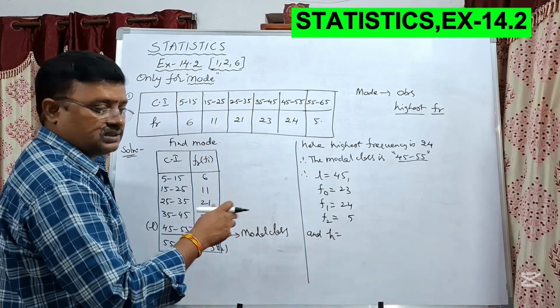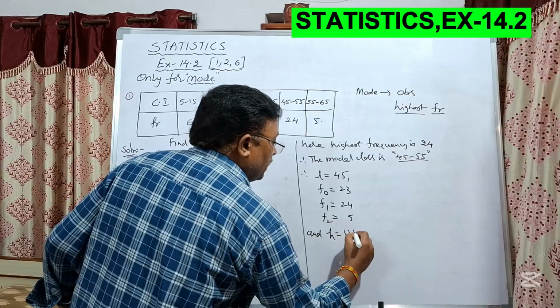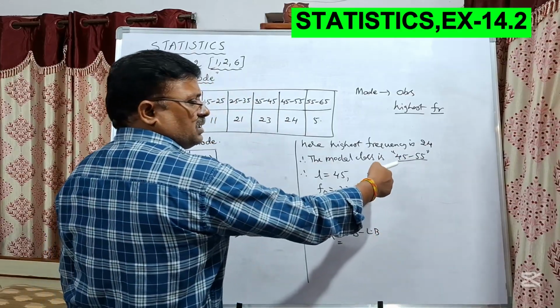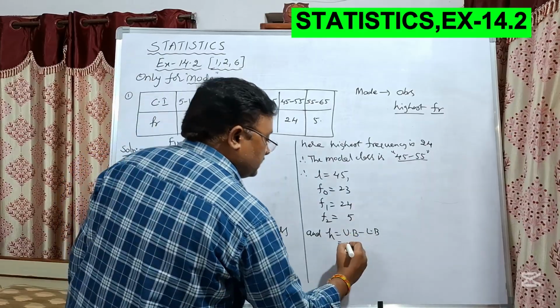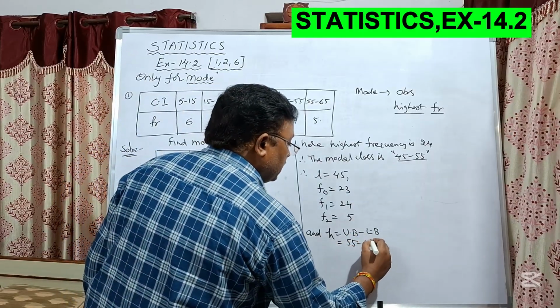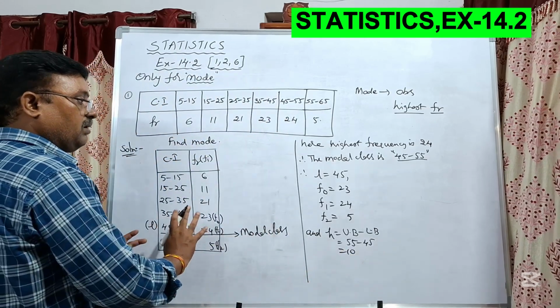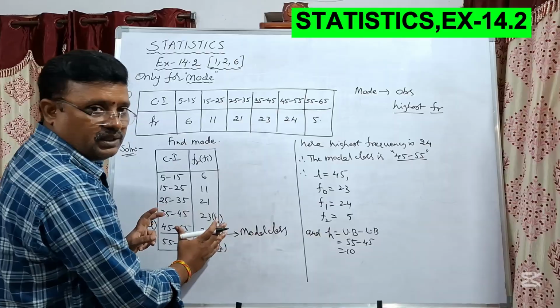Already we discussed that one under the formula of upper boundary minus lower boundary. Here you can choose modal class, that is 55 minus 45 will become 10. Got it? So we have taken all needed values from the table.